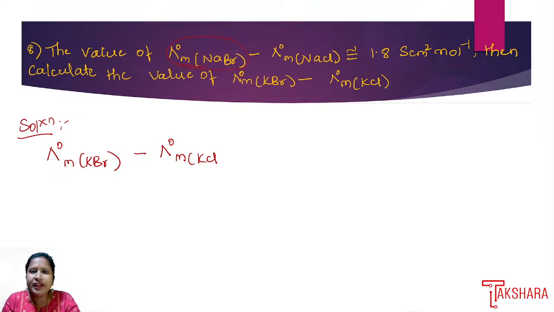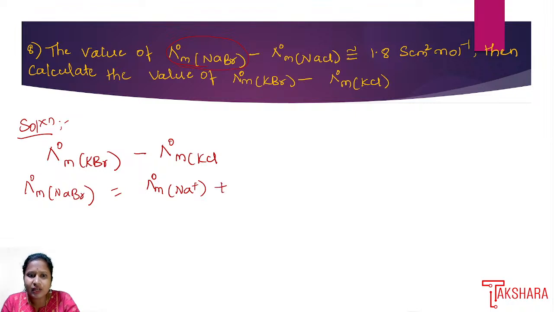Now if we write the individual ions, lambda naught m of NaBr is nothing but lambda naught m of Na plus plus lambda naught m of Br minus.